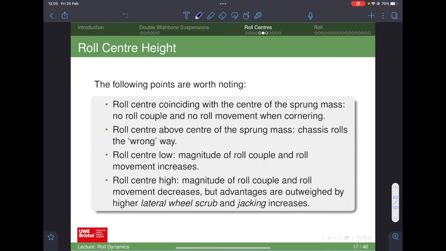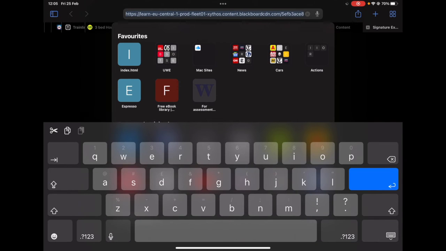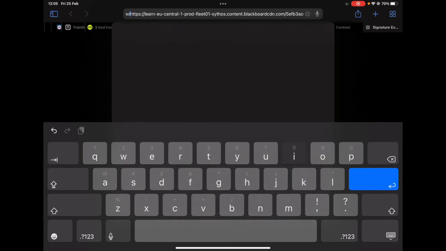Now, a long time ago, way before my time, let alone your time, there was a vehicle in America called the Chevrolet Corvair, which was quite an innovative vehicle back in the 60s, 50s, I think. Let's see what I can find on the internet.